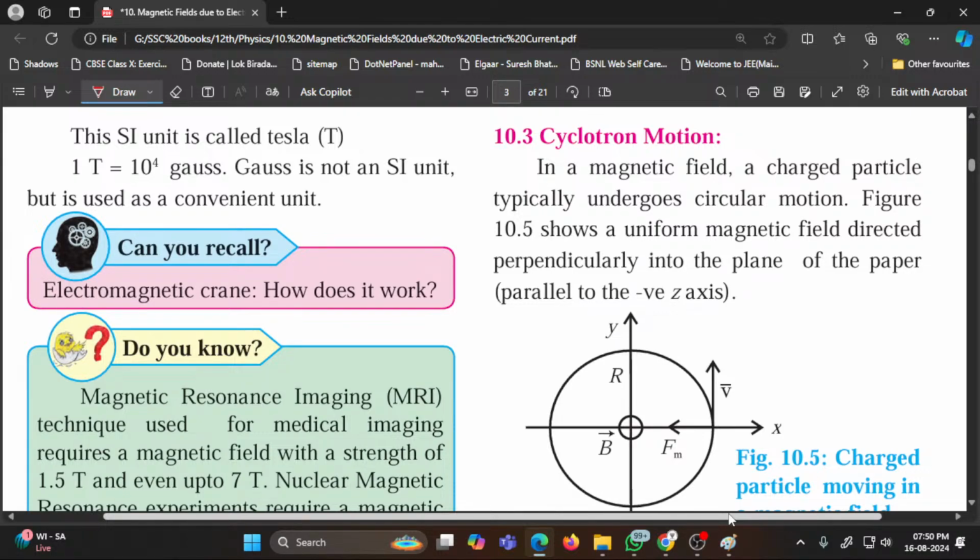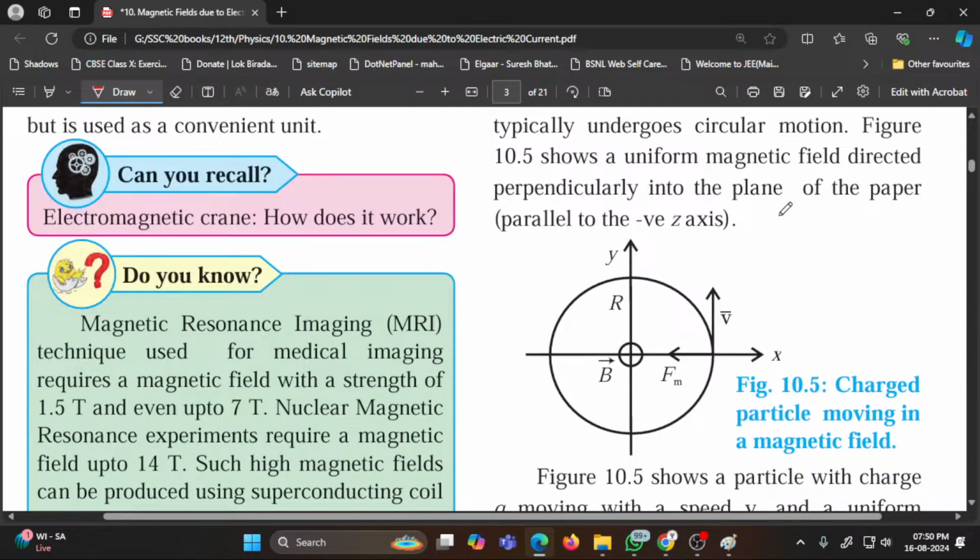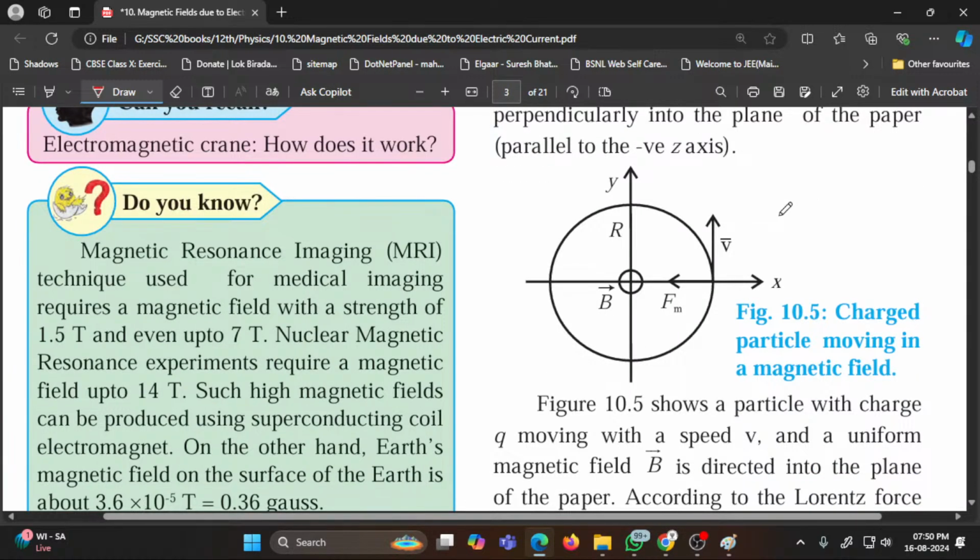So it is going into the paper, that is, it is parallel to negative z axis. Figure 10.5 shows a particle with a charge q moving with a velocity v and a uniform magnetic field B directed into the plane of the paper.